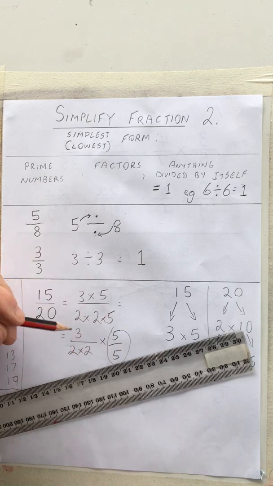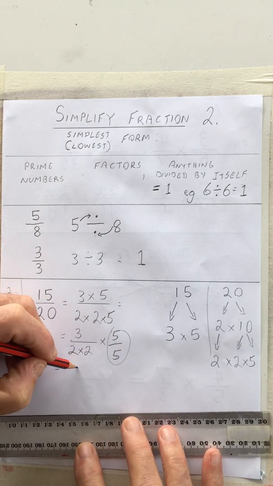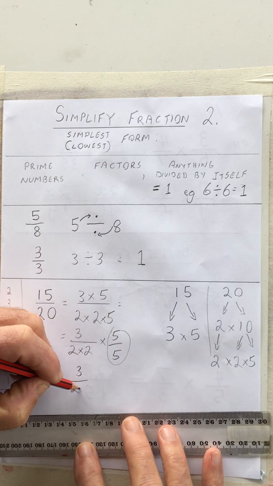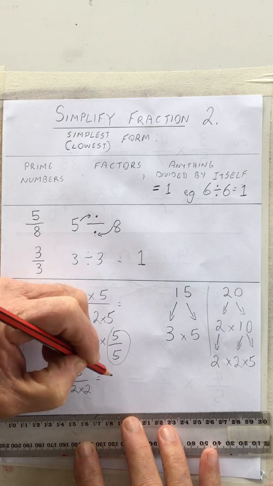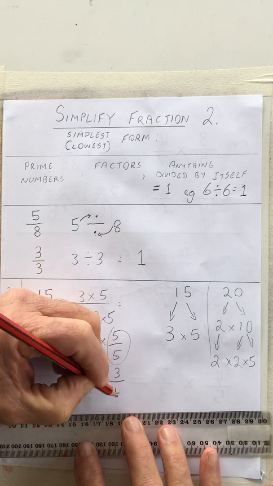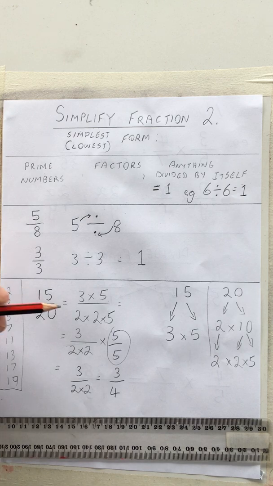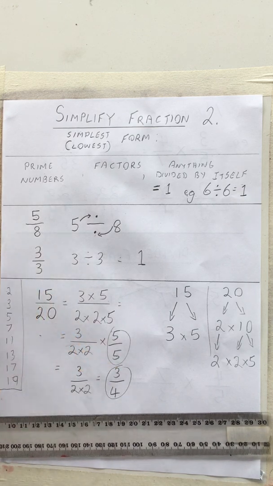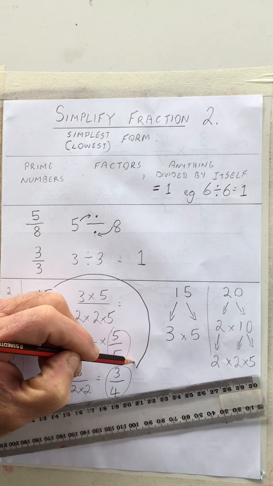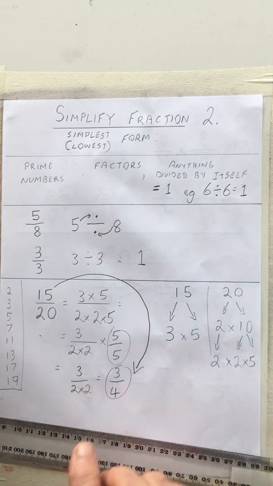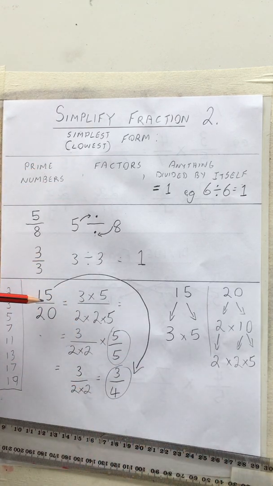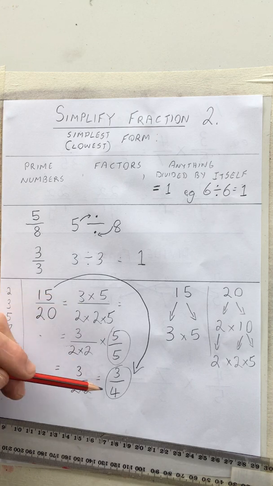So it leaves 3 over 2 times 2, and 2 times 2 is 4. Finished. Now, I've done a lot of work here for really no great value. I would expect that eventually you'll move from there straight down to here. And that's the simplest and lowest form we can put 15 over 20 into, 3/4.